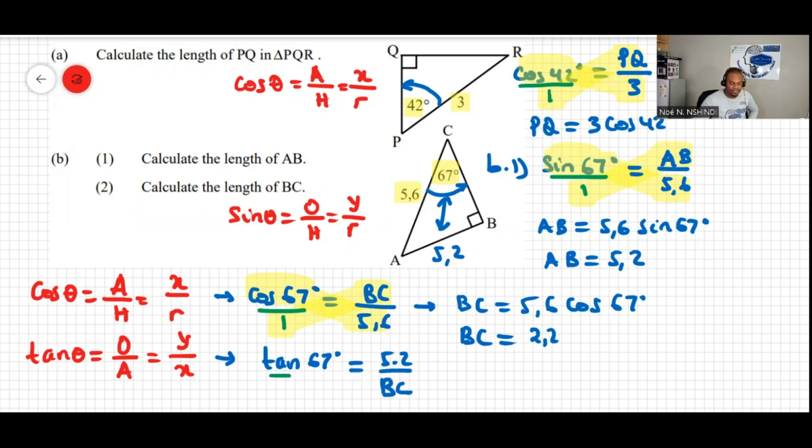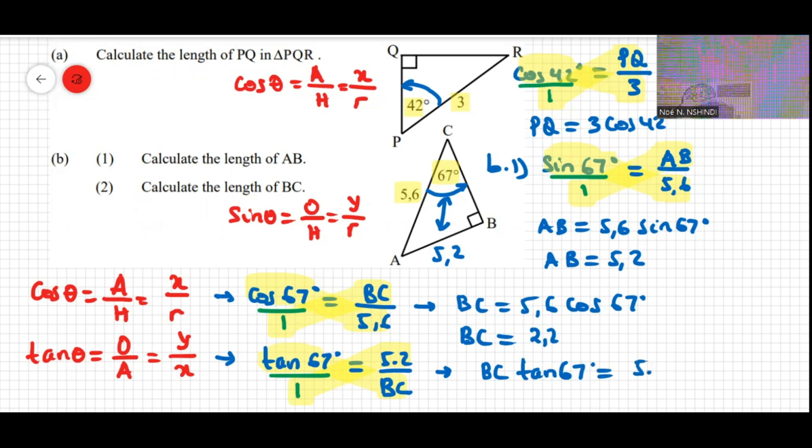Over here we have an invisible denominator, so we can cross multiply again. We do this times that, and all this times that. That makes BC multiplied by tan of 67 degrees equal to 5.2.